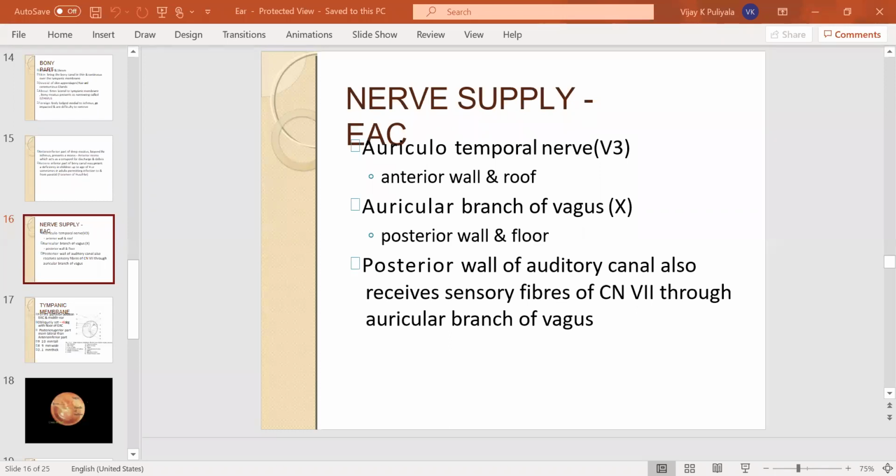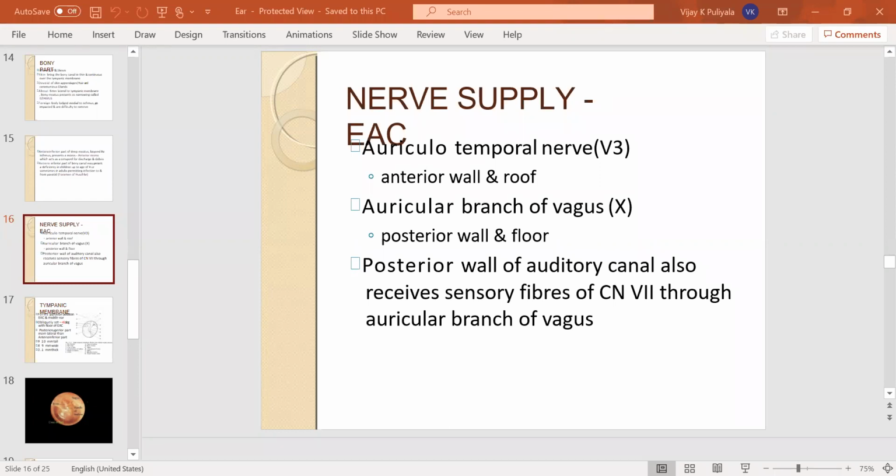Persistent reduced air pressure within the middle ear is corrected by the periodic introduction of air by the eustachian catheter. Through the eustachian catheter, we push air into the middle ear cavity to reduce the retraction of the tympanic membrane.